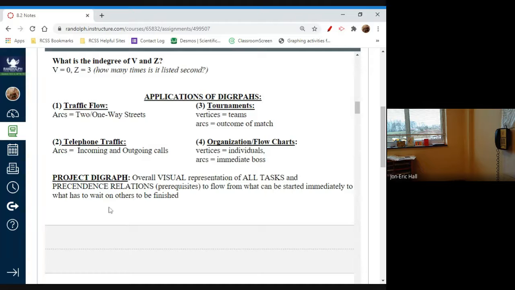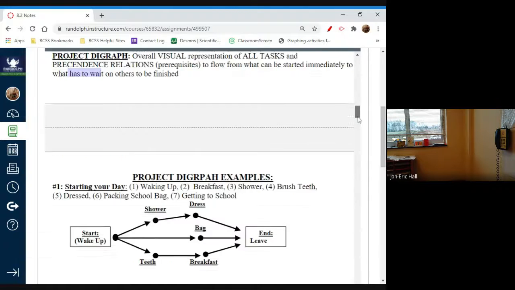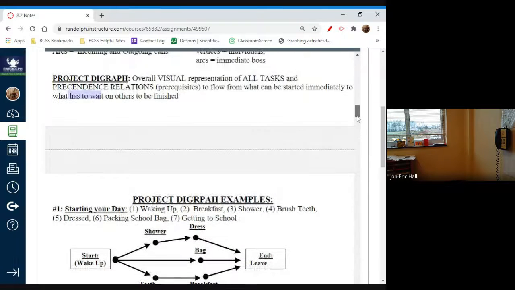All right, project digraph. Overall visual representation of all tasks and precedence, relationships, prerequisites to flow from what can be started immediately to what has to wait on others to finish. So basically it's this, and I'll leave these 2 here so we can see the same thing together.